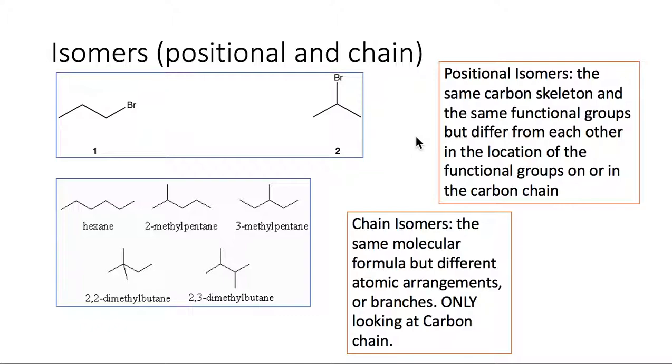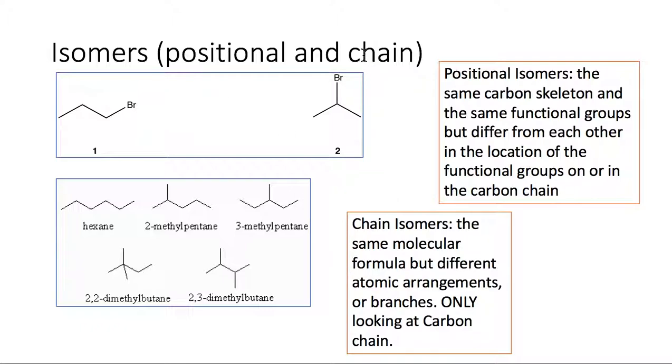If you move that around within the same carbon chain, that will make it a positional isomer. For positional isomers, you're not changing the functional groups. But for functional isomers, you are changing the functional groups. For positional isomers, you're just moving the position of the functional group, okay? So that's really easy, okay?